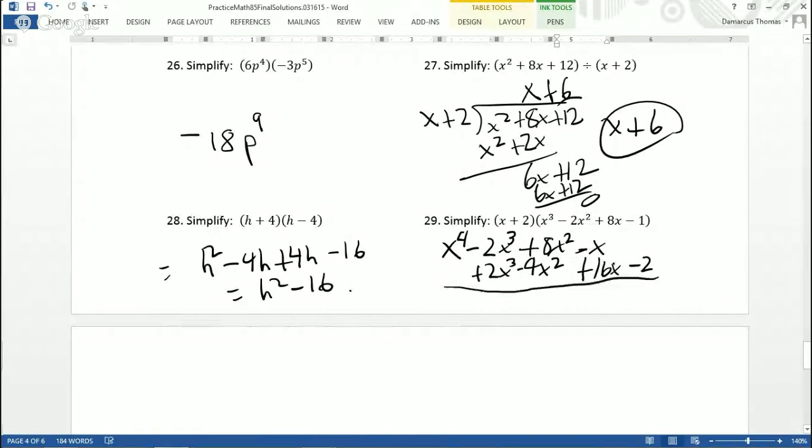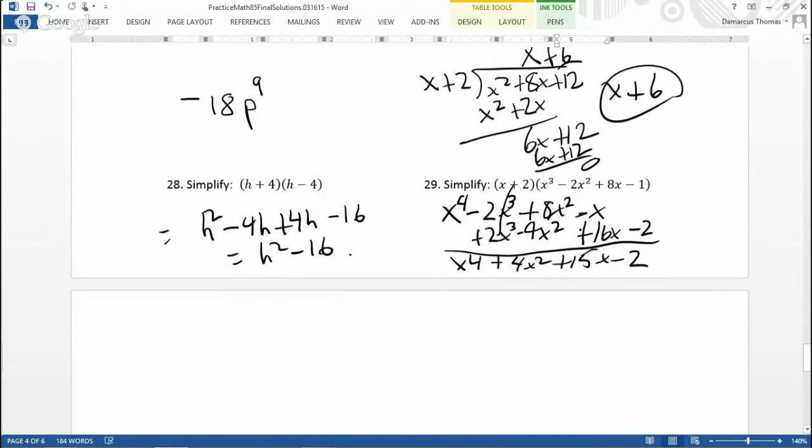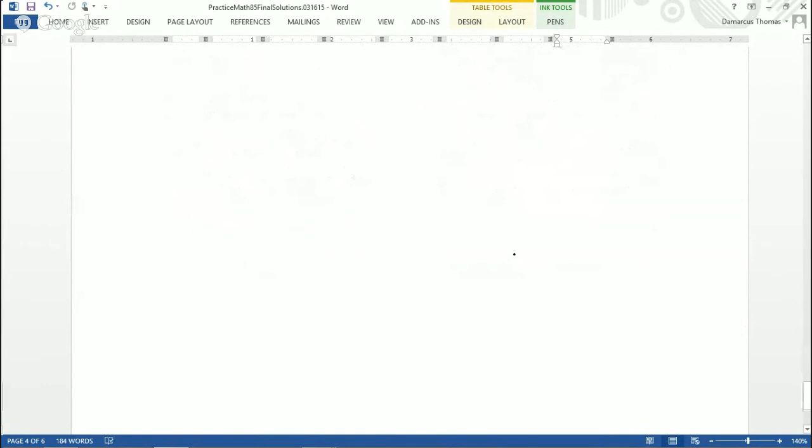Add them. Combine like terms. The like terms are lined up, so I'm going to get just x to the 4th. The x cubes cancel. Positive 4x squared plus 15x, and then minus 2. Final answer. X to the 4th plus 4x squared plus 15x minus 2.